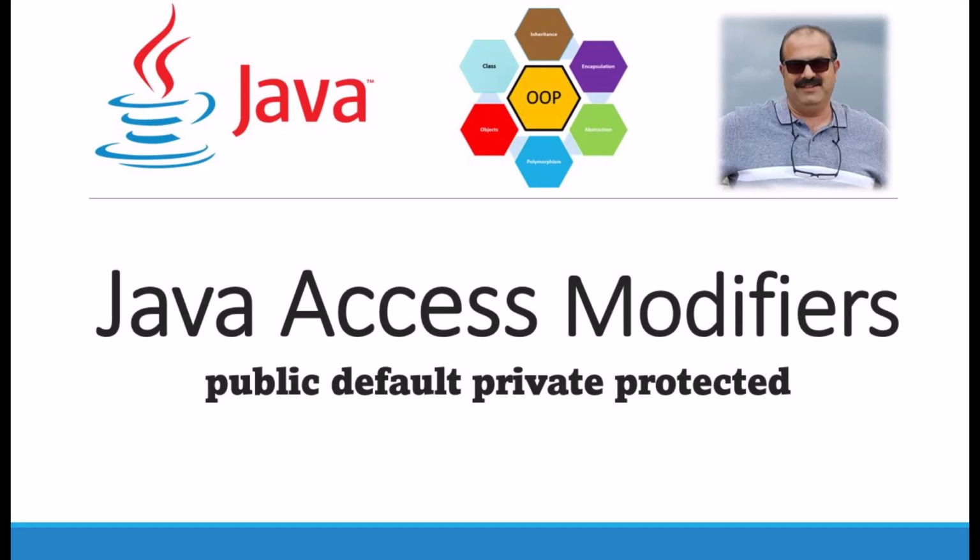Of course, protected is only available in the package and subclasses, but it's not easy to explain subclasses now, so let us focus on the first three. This applies to methods and data members.